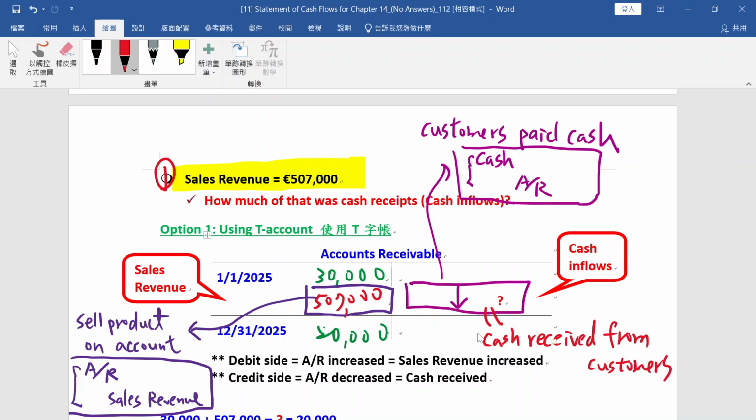Okay, so could you do your math? You can do your math, right? $30,000 plus $507,000 minus the question mark. You got ending balance $20,000, right?